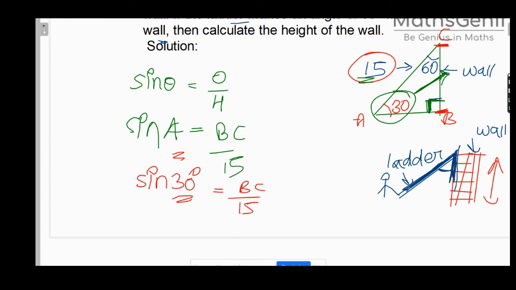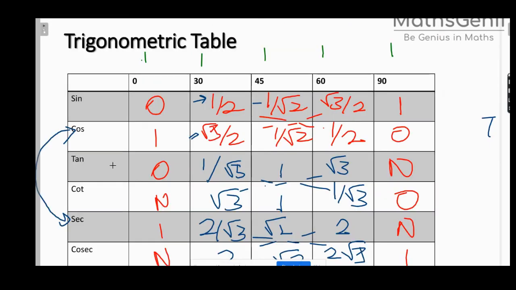Now comes your table. Now you will see how you use the table. Now let's go back to the table. I want to find the value of sine 30. Sine 30 is how much? Half. So now let's go back to the question.